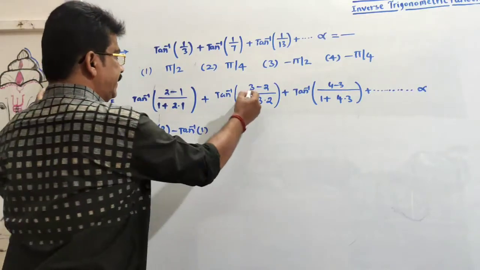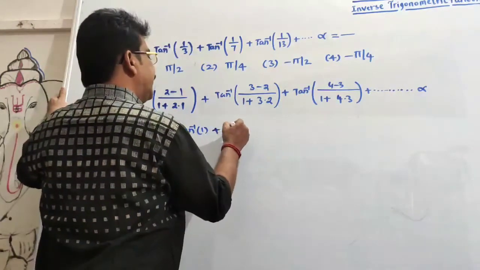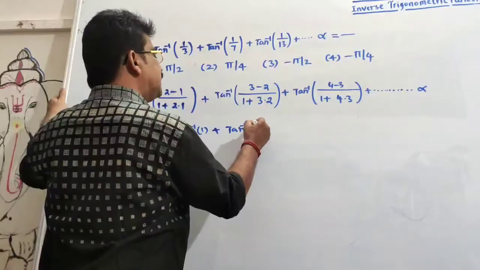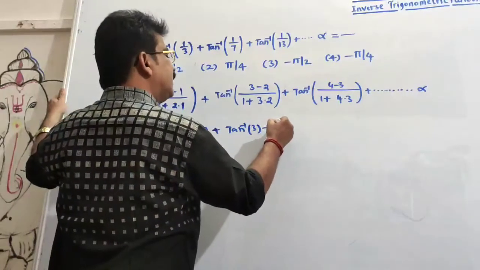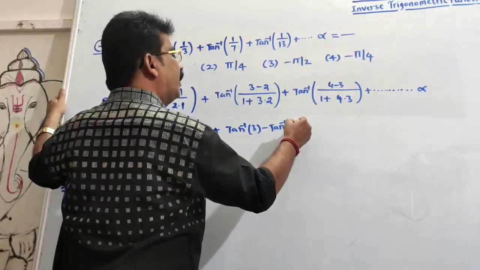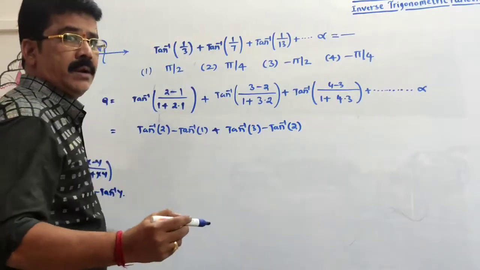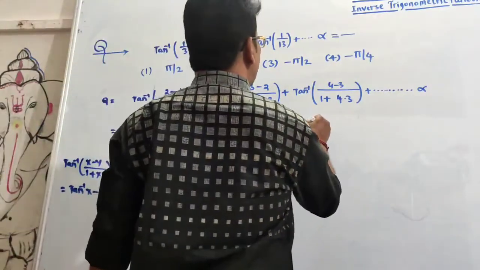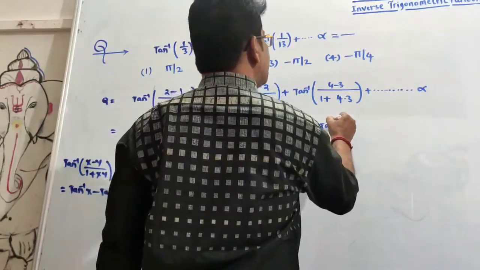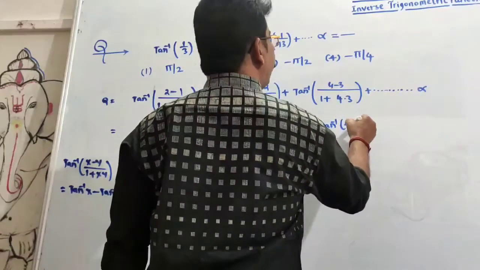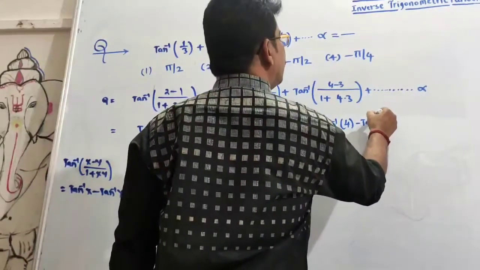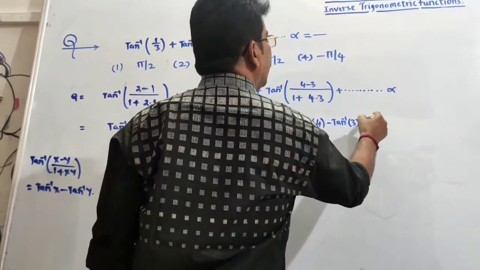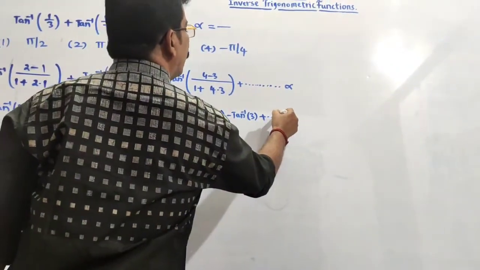Then plus tan inverse of 3 minus tan inverse of 2, plus tan inverse of 4 minus tan inverse of 3, plus, and so on.